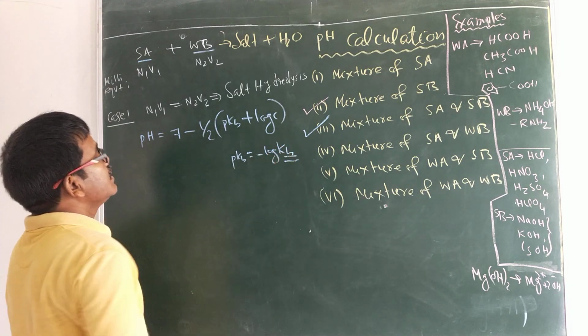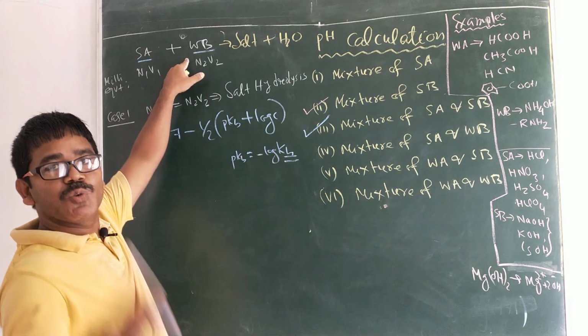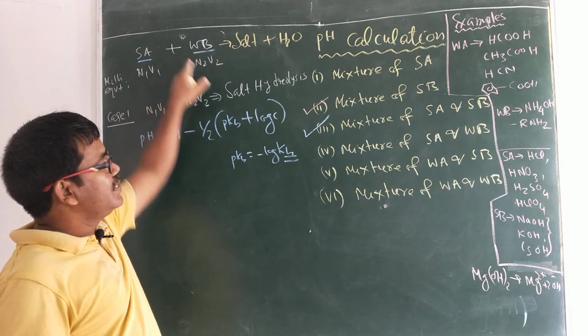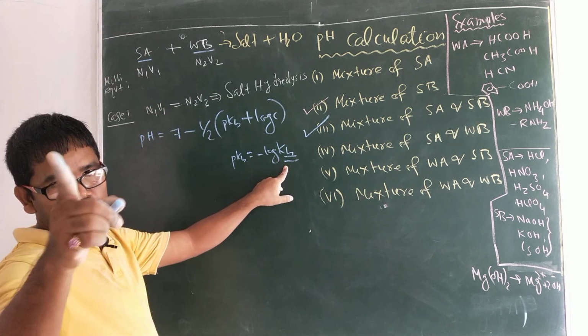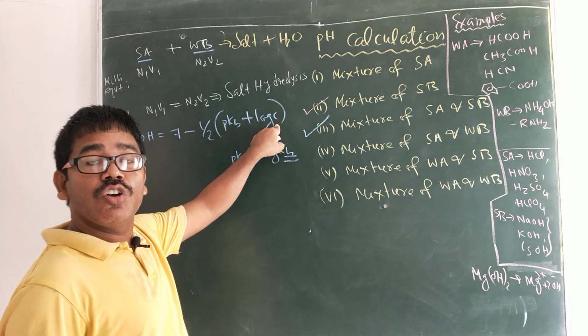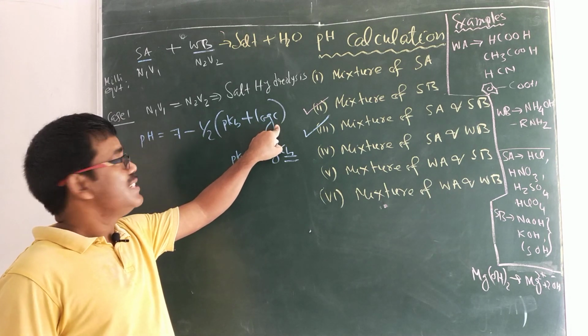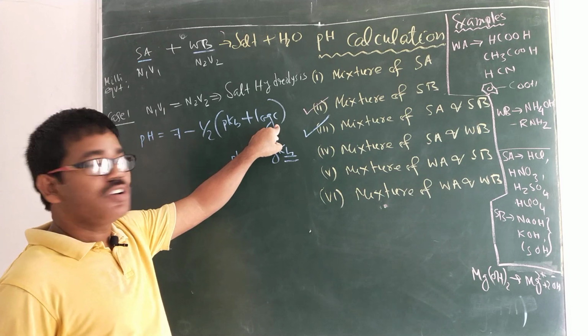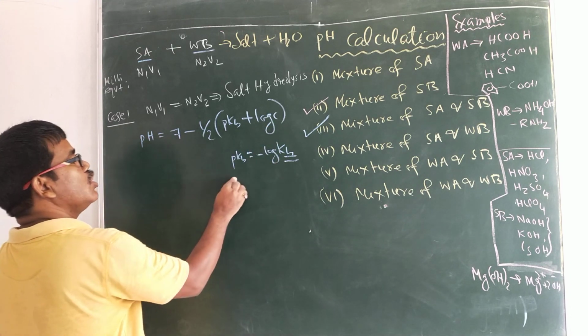This Kb is the dissociation constant for the weak base. And these values will be given, either Kb will be given or pKb will be given. And C is the salt concentration.